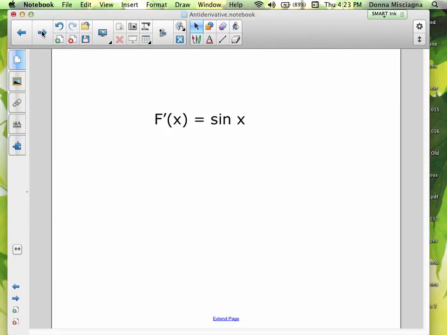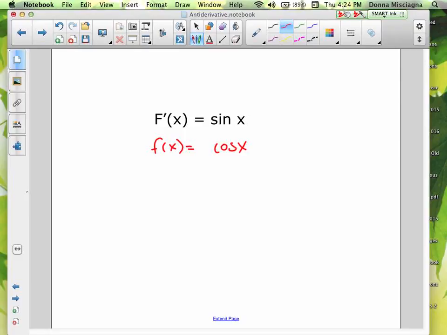Okay, so the derivative is sine x. What function has sine x as its derivative? Write down your answer. Okay, welcome back. If you wrote down cosine x, you're only partially correct. It would have to be negative cosine x, because the derivative of cosine x is negative sine x.